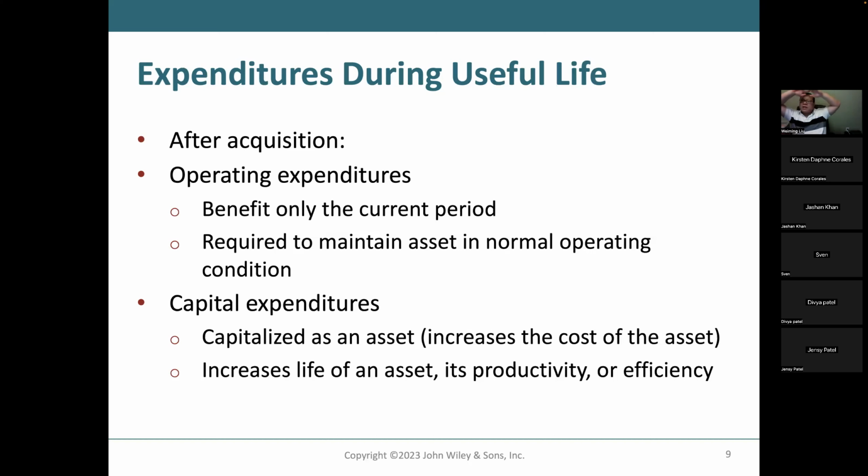Next, I want to differentiate the two types of expenditure. One is operating expenditure. The other is called capital expenditure. So how can we know whether an expenditure is capital or operating?